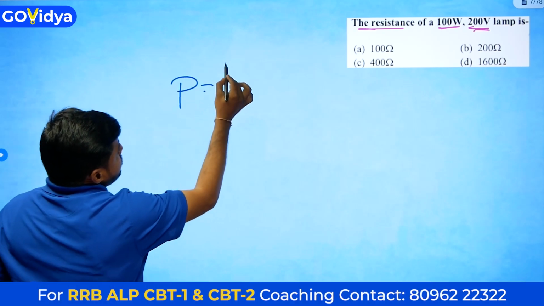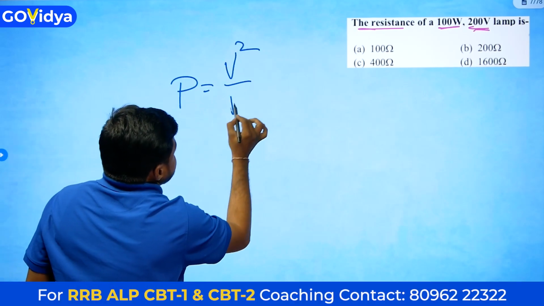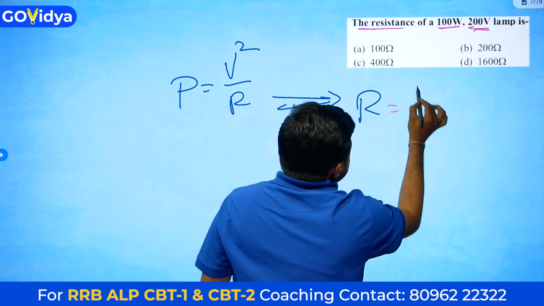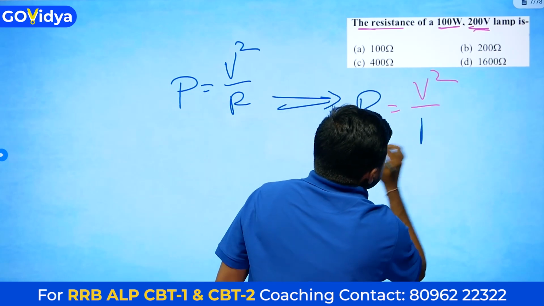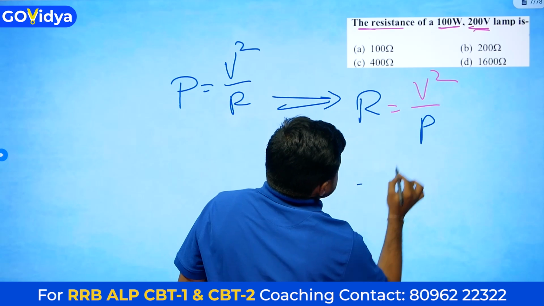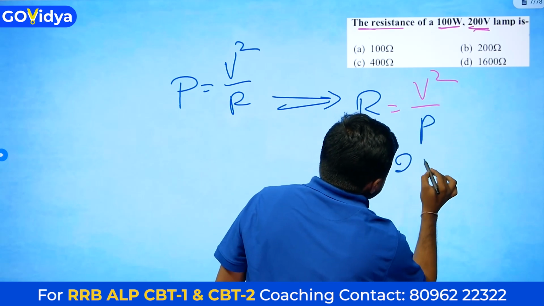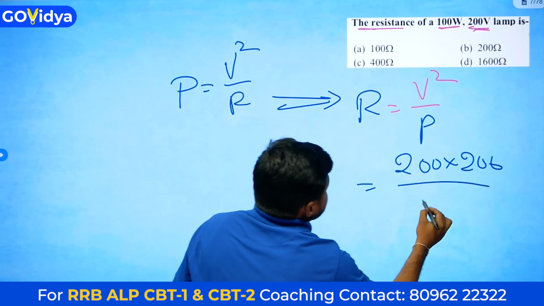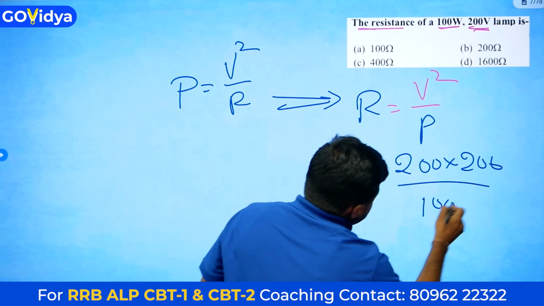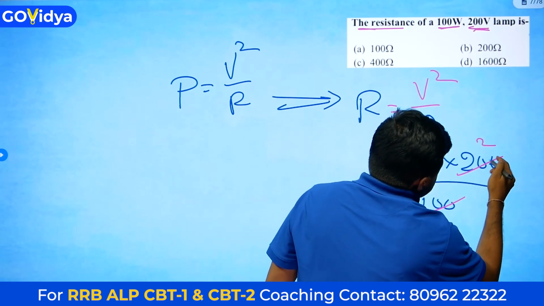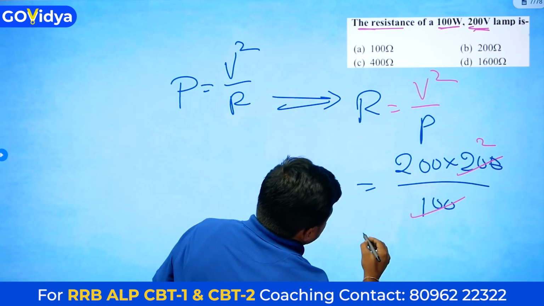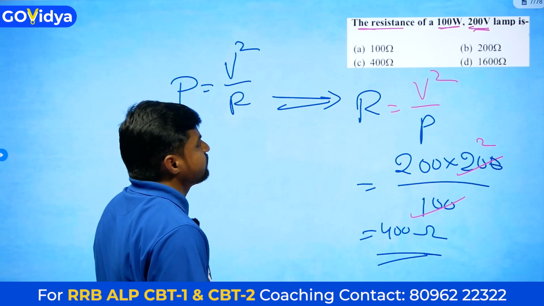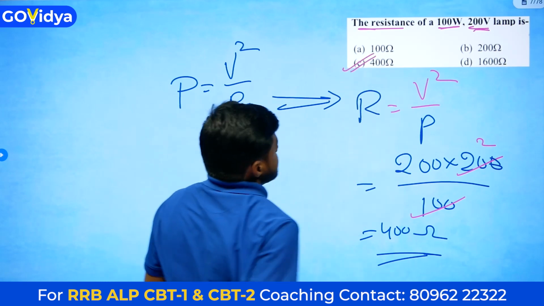Power P is equal to V square by R. From here we will get R is equal to V square by P. V is 200 volts, 200 into 200 by power is 100. 100 1 ja, 100 2 ja, this is 200, 200 into 2 is 400. 400 ohms is the resistance value. From the options, option C is the correct answer.